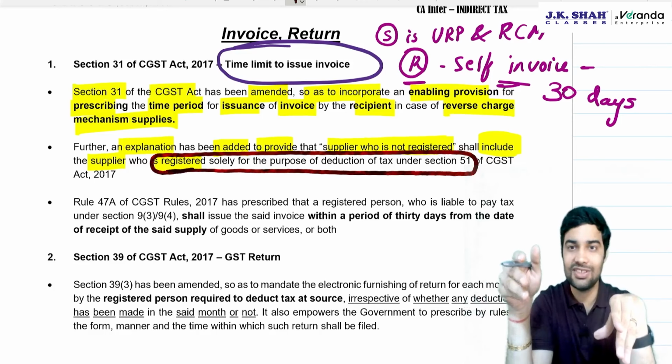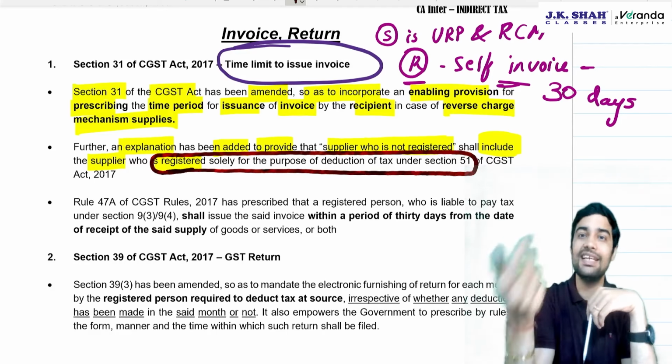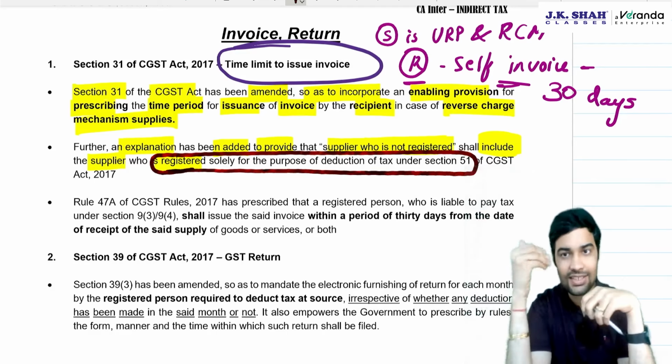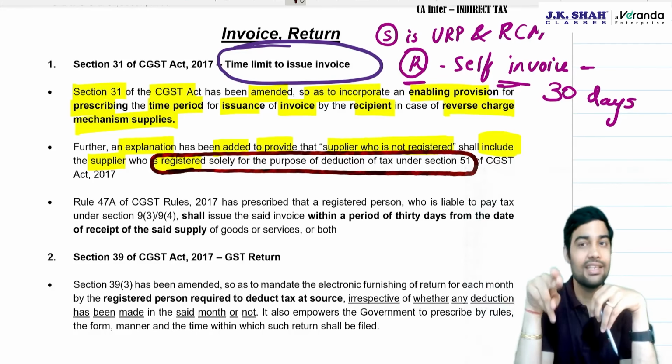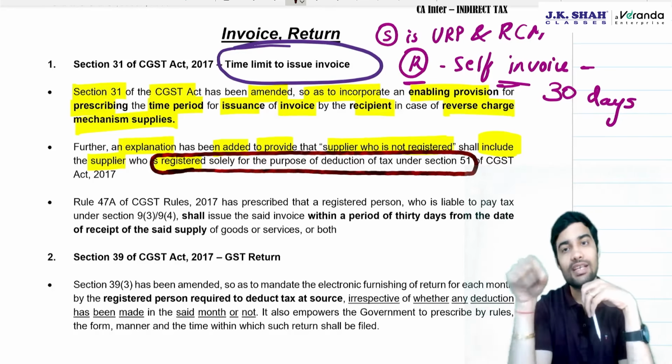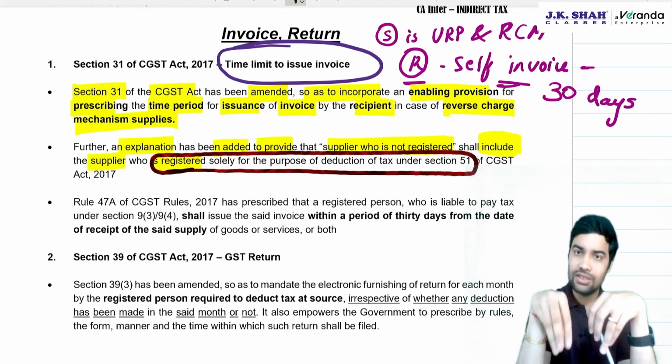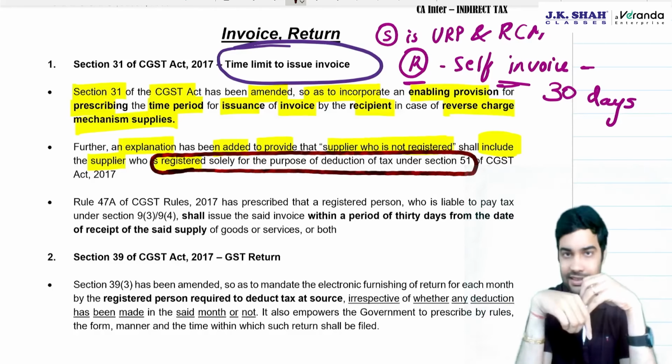You remember TDS provision. Government departments take TDS registration so that whenever they receive something where contract value is more than 2.5 lakh, that TDS applies. Those who have taken registration only for TDS, for this provision, they are regarded as unregistered person.